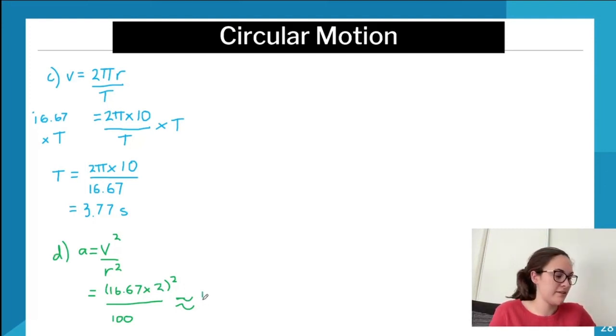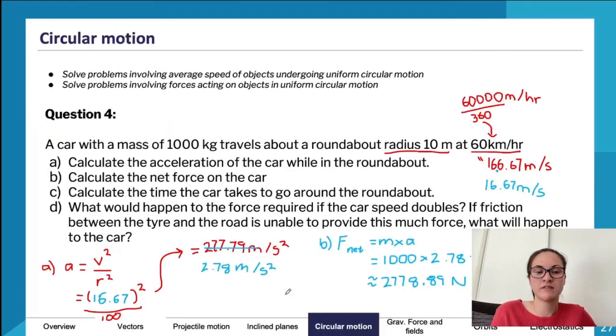Alright, that gives us 11.12 meters per second squared. And we can compare that to the last one. So it's a significantly higher rate than the previous acceleration when velocity gets doubled.